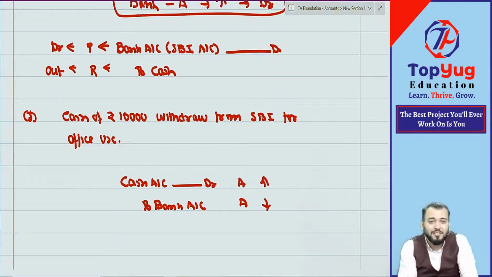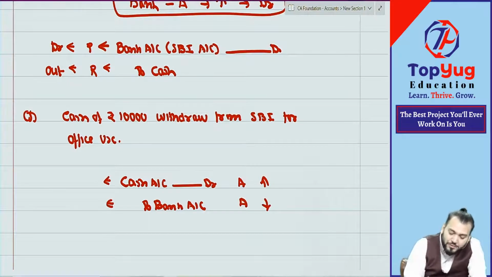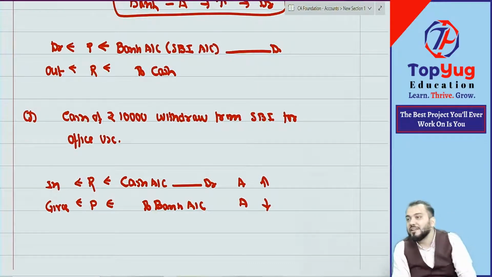Modern rules are very simple, na? It revolves around only 5 items. As per golden rules, cash and bank are personal accounts. Debit what? Credit here. The bank is giving cash. Bank is giving cash.